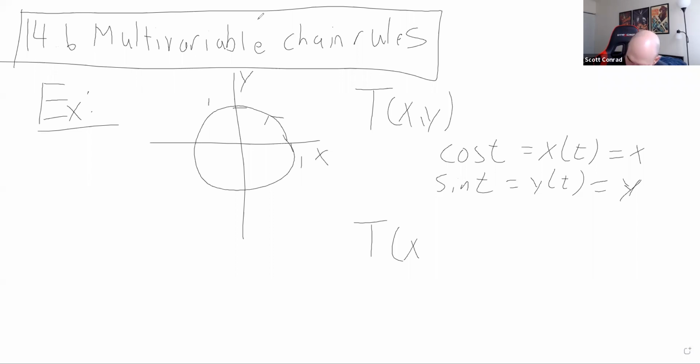So we can actually think of the temperature now as being a function of t. You can specify some time t, and that'll give you a position. You just plug in t into cos t for x, sine t for y, and then you can see the temperature at time t. So we can actually now think of temperature as being a function of little t, time. And so we can talk about the rate of change of temperature with respect to time.